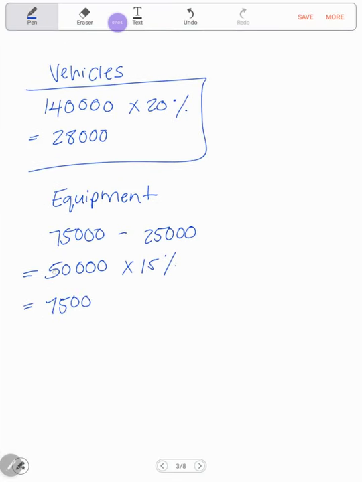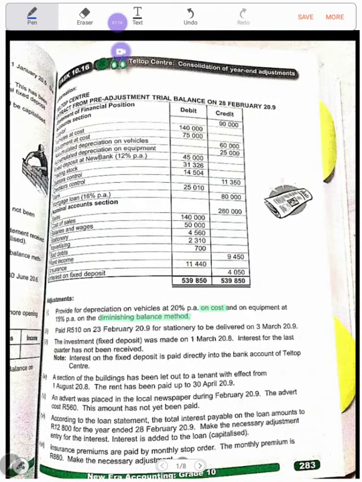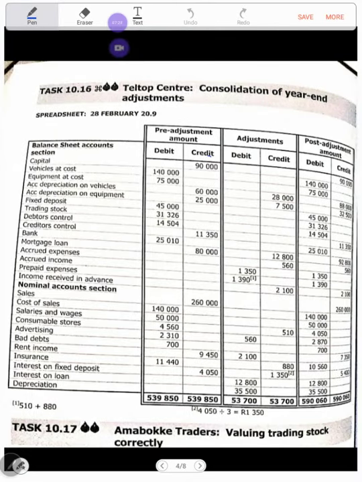So these are the adjustments that we have just taken into account. If you have a look at your accumulated depreciation balances for vehicles, it was 60,000 with the pre-adjustment trial balance, and our equipment was the 25,000. Remember, accumulated depreciation is a negative asset, which is why it is on the credit side. It's decreasing your asset's value. So here we go. We put it on the credit side.